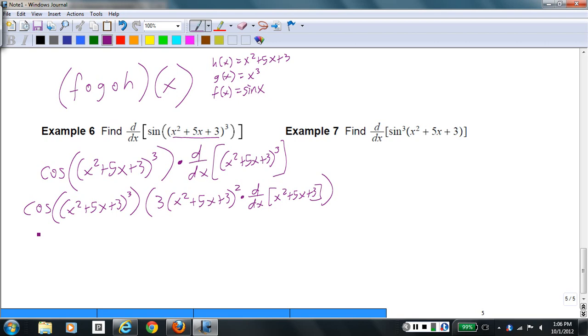Let me just not do too much there. More copying and pasting. The cosine of x squared plus 5x plus 3 quantity cubed times 3 times x squared plus 5x plus 3 quantity squared times 2x plus 5, the derivative of that polynomial, 2x plus 5.